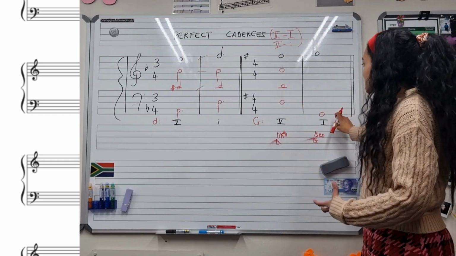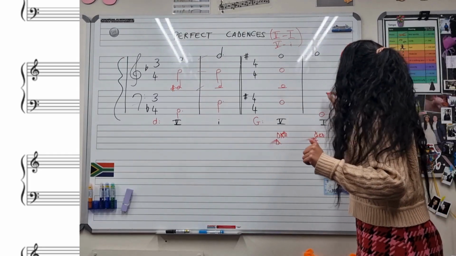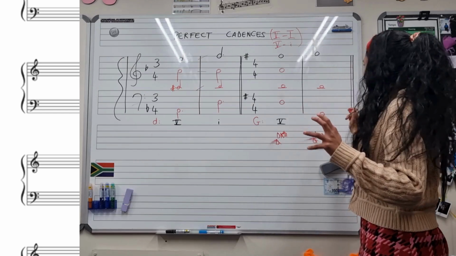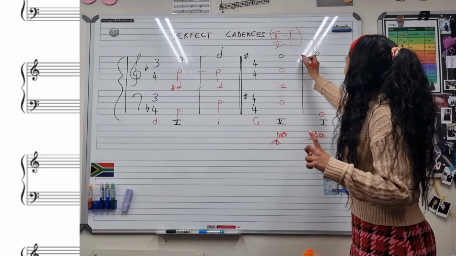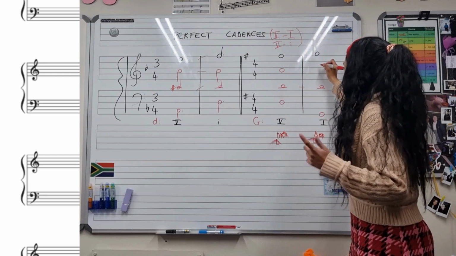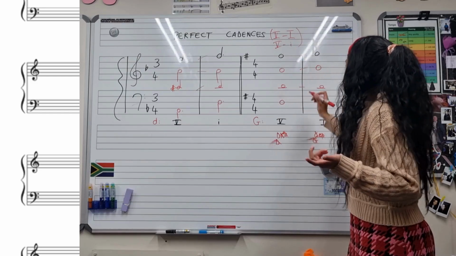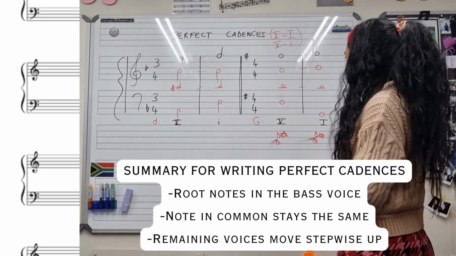Our note in common needs to stay the same. What is our note in common? It's D. So the D is in the tenor voice. That has to stay the same now. The other two voices have to lead stepwise up. This one already, F sharp to G, leads stepwise up. There's no other way I can go from A to B, and that also leads stepwise up. So I'm good to go. No need to check for anything. That is correct as it is.